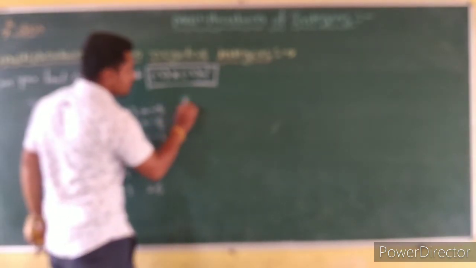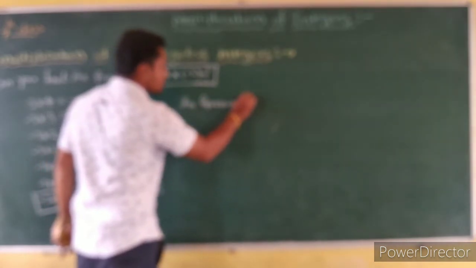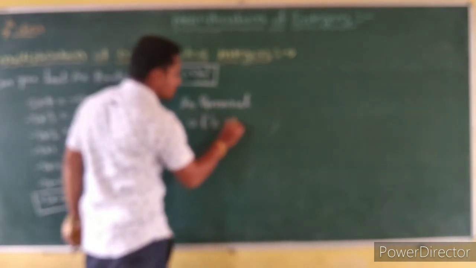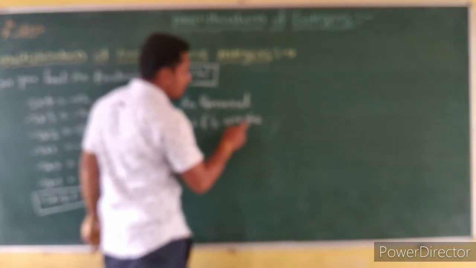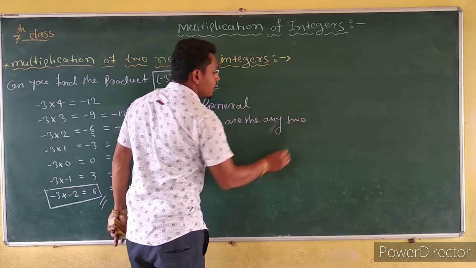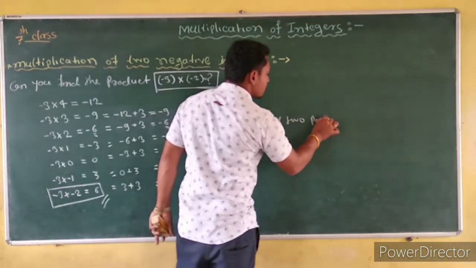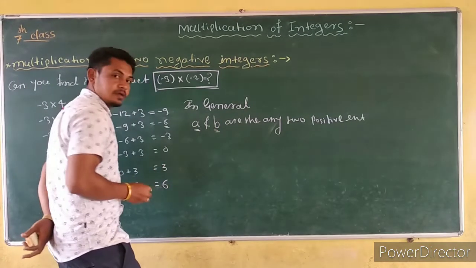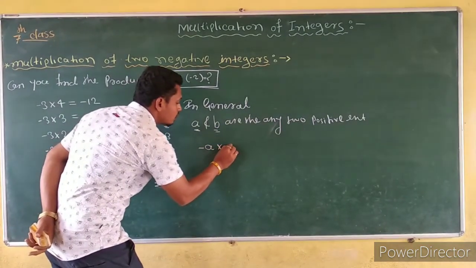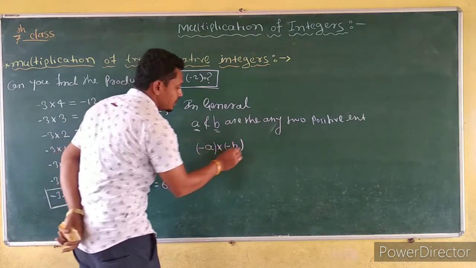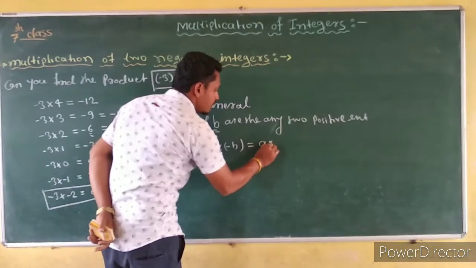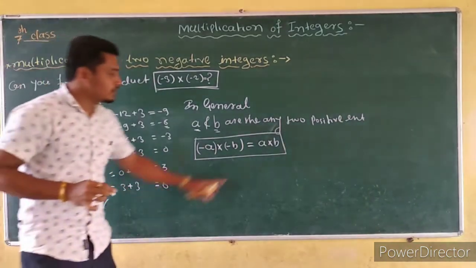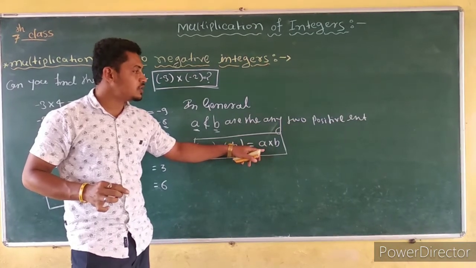See here, in general, A and B are any two positive integers. So minus A into minus B is equal to A into B. So A into B is a positive integer.